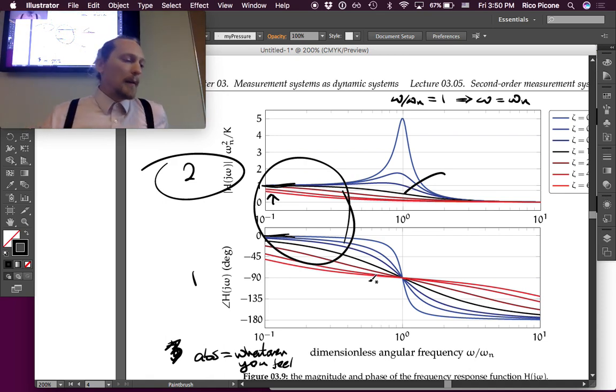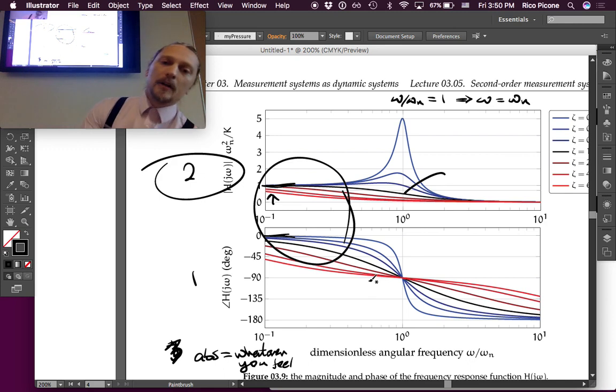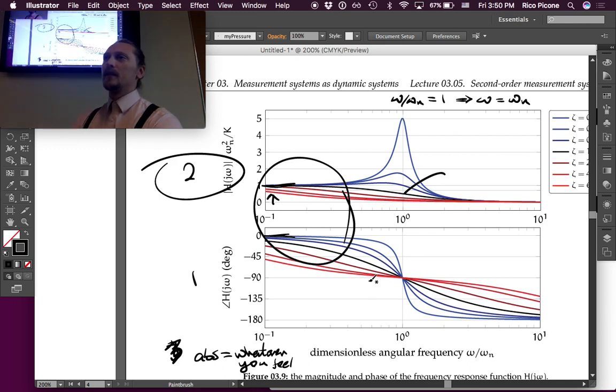The type of thing you might want to consider when you're using a second order measurement system is, what's the damping ratio? That's going to tell you which of these curves you're on. Then you say, okay, I want to be within 5% of 1 with my magnitude ratio.